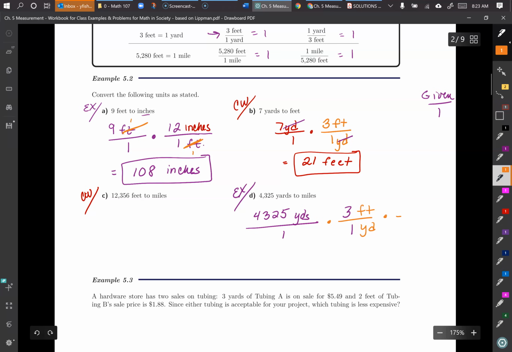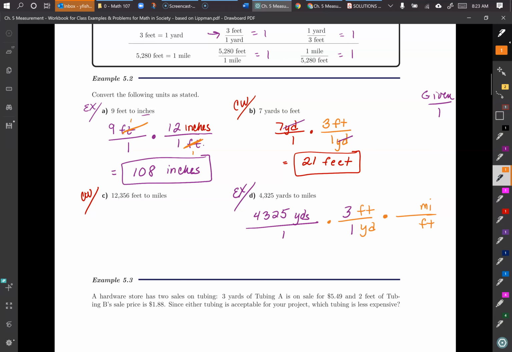Then I want to go from the feet to the mile. So again, I'm always going to write on the diagonal. So it's different than the proportional method. You would keep your units the same, like if you had miles in the top, you would keep your miles in the top. But with dimensional analysis, it's always the opposite.